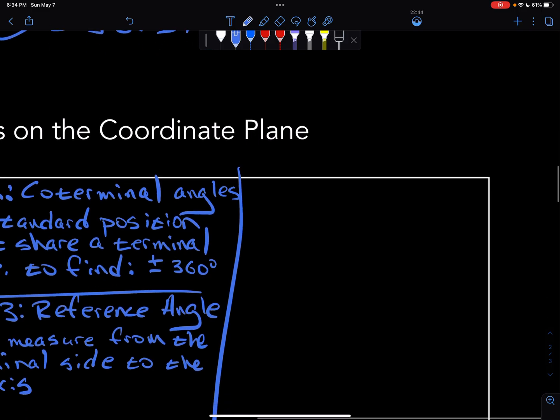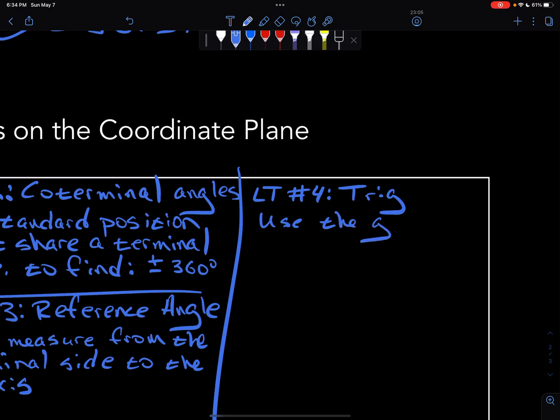Learning target number 4. That's where we got into our right triangle trigonometry. We were given some distances on the coordinate plane. So we want to use the given point and make a right triangle starting at the origin.